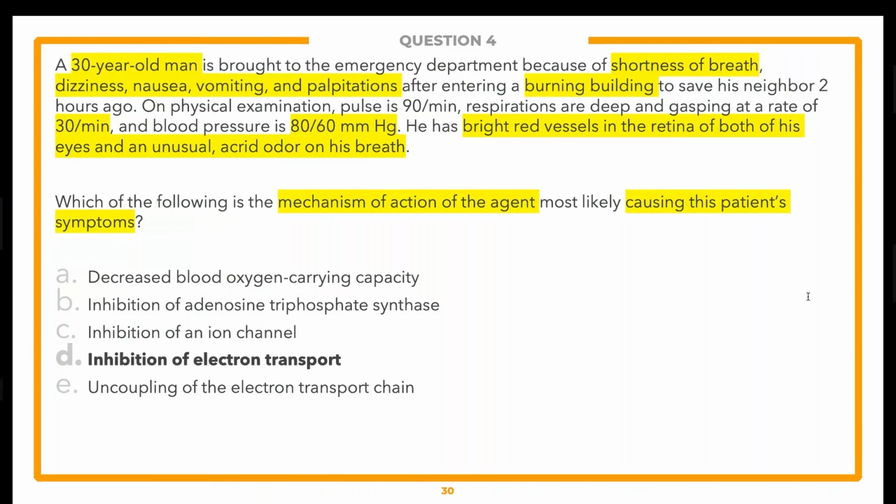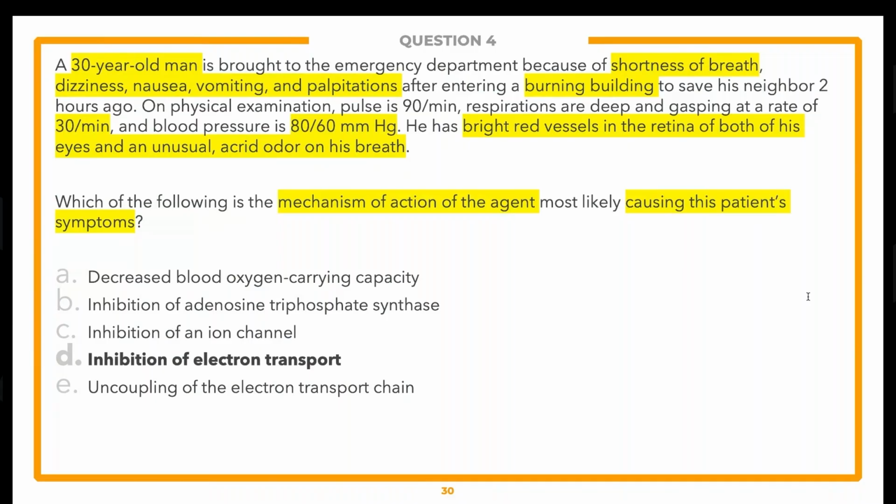Uncoupling of the electron transport chain. So there's two electron transport chain options. So even if you thought it was electron transport chain something, you needed to know it was inhibition, not uncoupling. When I think of uncoupling, there are agents like 2,4-dinitrophenol, which used to be used at one point for weight loss, but now we don't use them anymore.